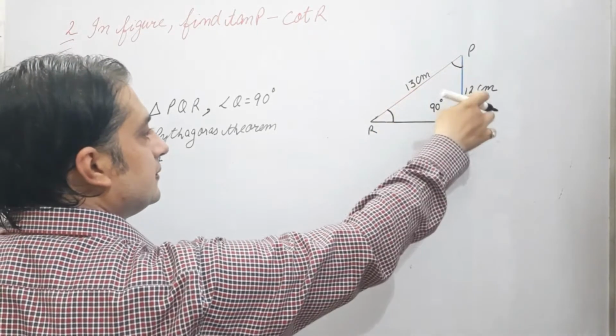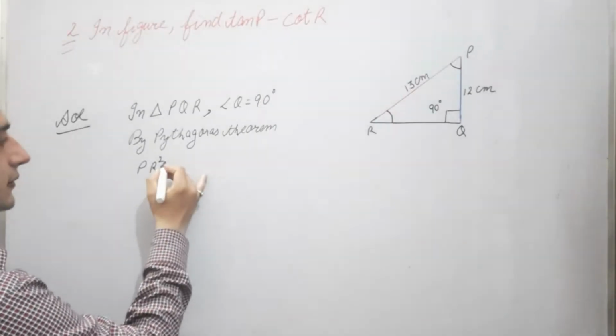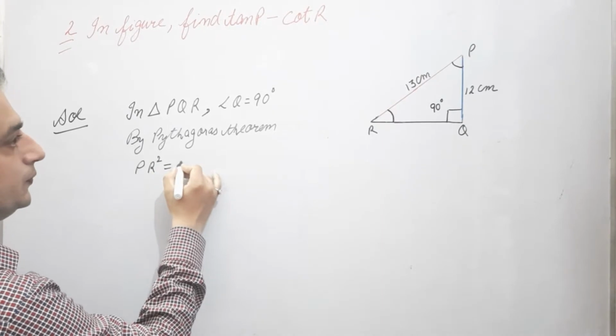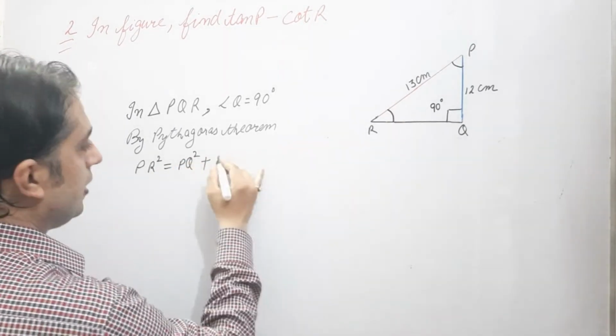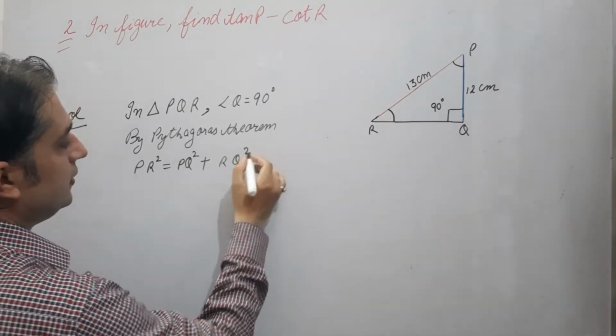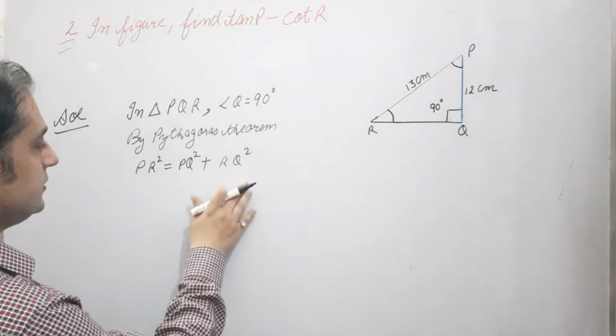This longest side is always opposite to the 90 degree right angle. So PR square is equal to PQ square plus RQ square, the sum of the squares of the remaining two sides.